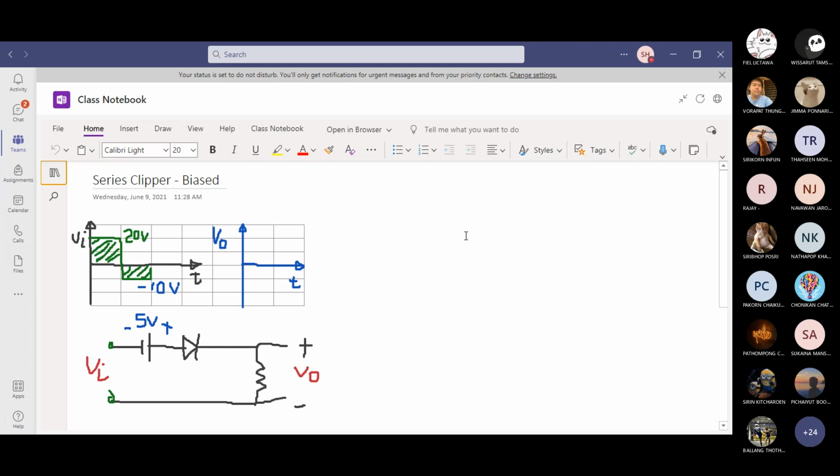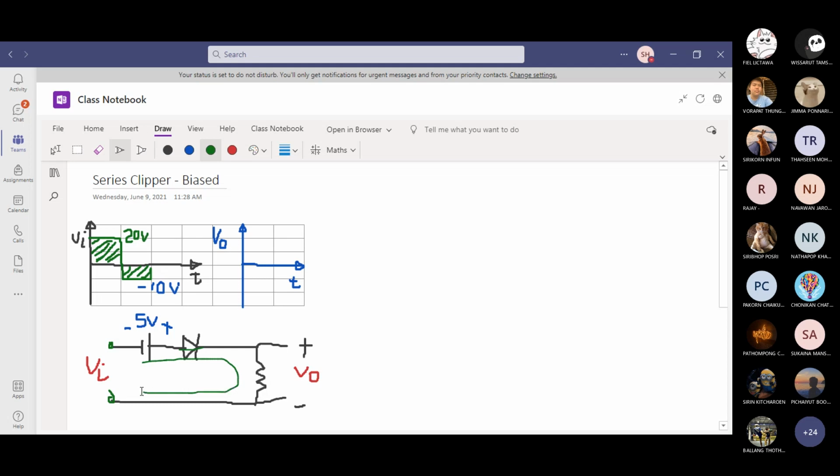It's on. When it's on, do you have current flowing in the circuit? You said on. Your answer is correct. The diode is on. So will you have a loop? Current flow? Yes.